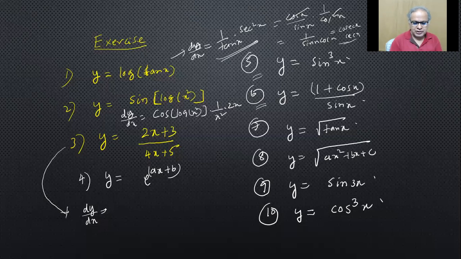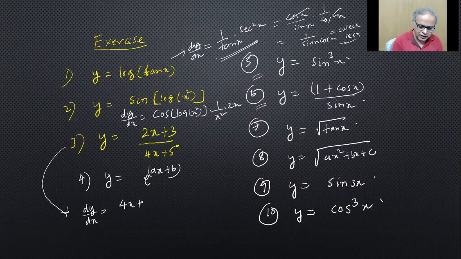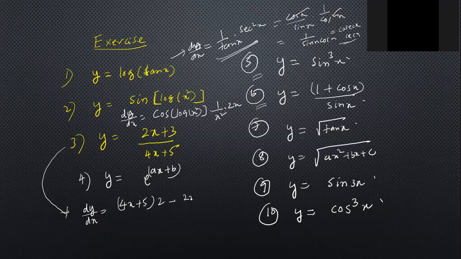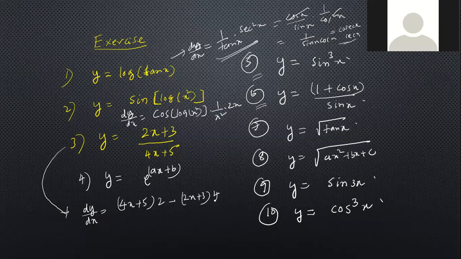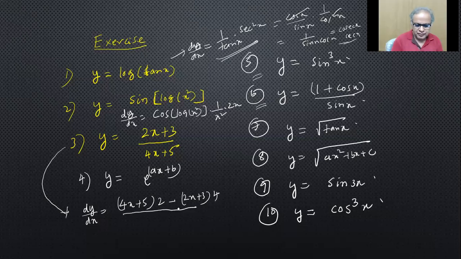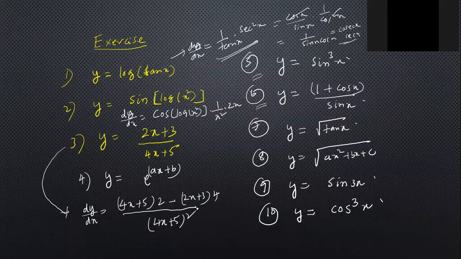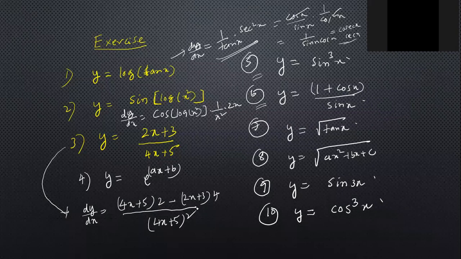Could you please tell me how to write the third one? 4x plus 5 into differentiation of that one, 2, minus 2x plus 3 times 4, by 4x plus 5 whole square. That's all. You got the trick now. Aman, are you okay with this? Good.